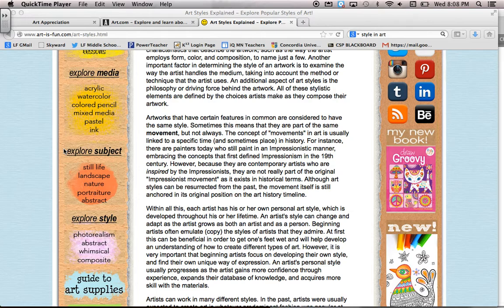However, because they are contemporary artists who are inspired by Impressionists, they are not really a part of the original Impressionist movement as it exists in historical terms. Although art styles can be resurrected from the past, the movement itself is still anchored in its original position and history on the timeline.